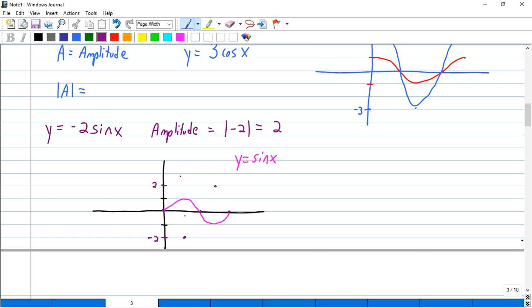So this graph is still going to start here, then it's going to go down, then up, then back down. If I take away y equals sine of x like that, there's y equals -2 sine of x.